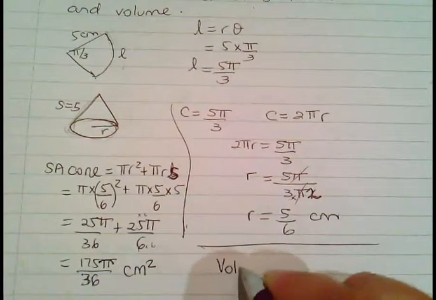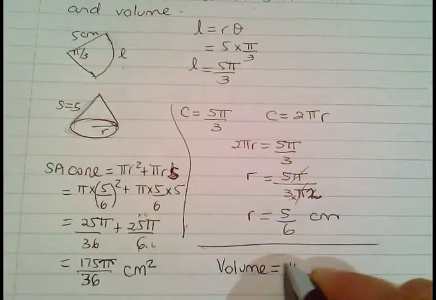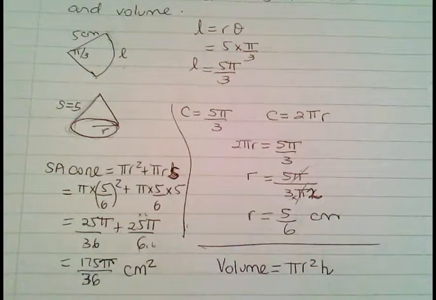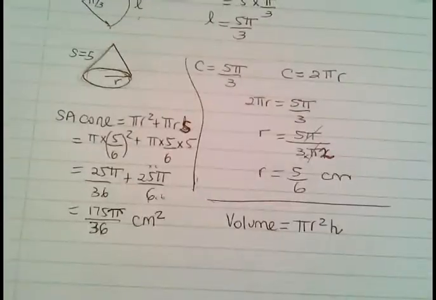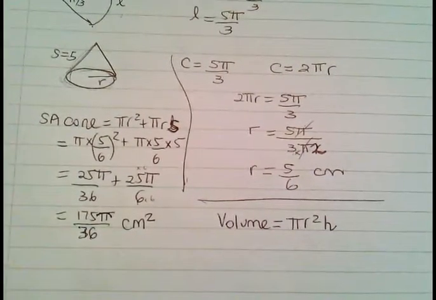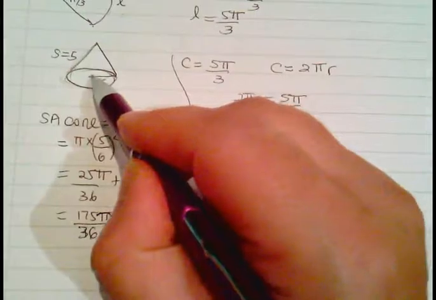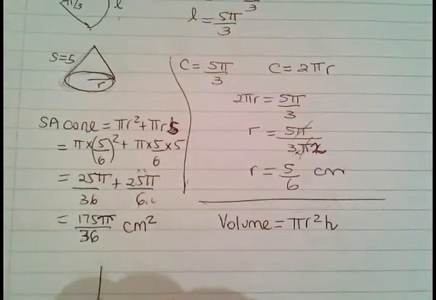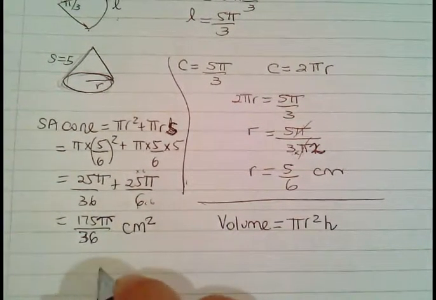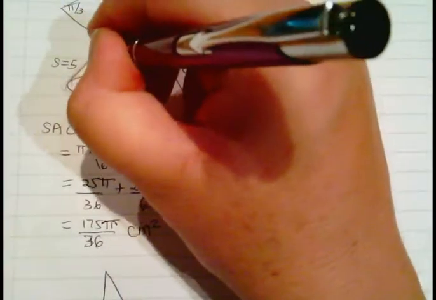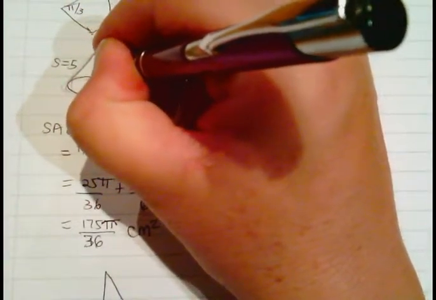Now the volume of a cone is pi r squared times h, where h is the perpendicular height. The problem is we don't know the perpendicular height of the cone, but we do know that the radius of the cone is 5/6. So I'm going to draw here a perpendicular height, that's h, and that's my slant height there, which is 5.